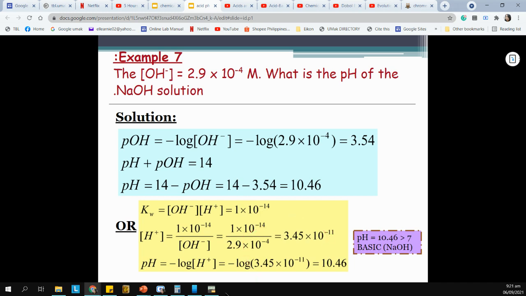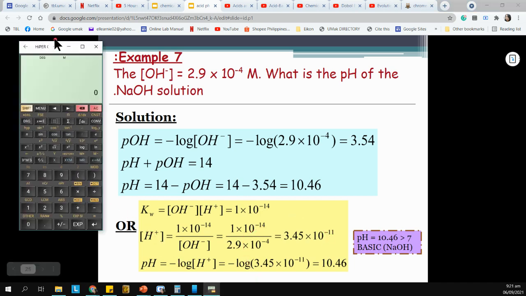Okay? So, paano yung calculation dito o yung keystrokes dito? So, ang gagawin mo lang is, so the given is a 2.9. So, log siya, di ba? So, log ng 2.9, exponent. Ayan.